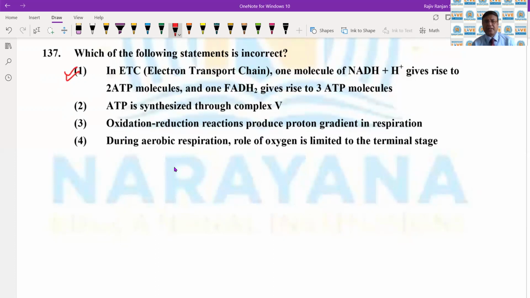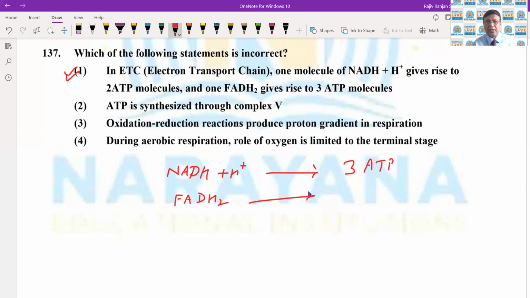In fact, NADH plus H plus gives 3 ATP when it passes through the electron transport system, whereas FADH2, flavin adenine dinucleotide in the reduced form, forms 2 ATP. The rest are correct. ATP is synthesized through complex 5, the ATP synthetase.